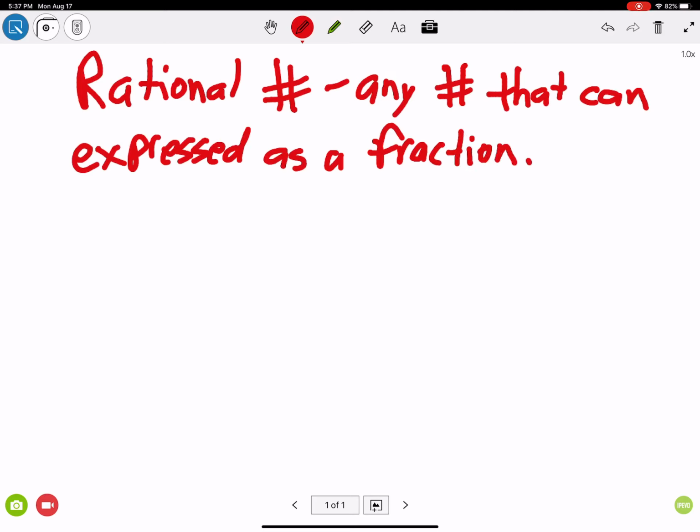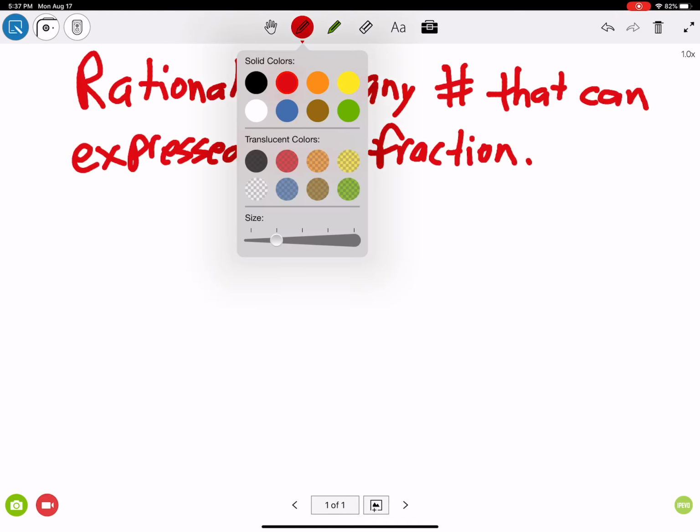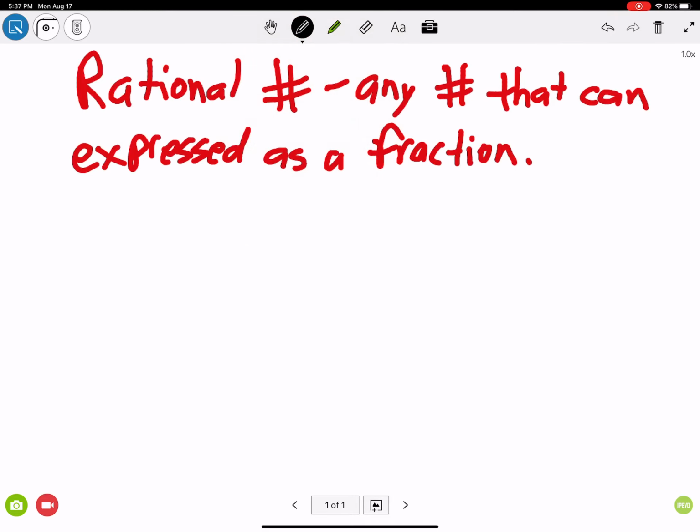Okay? It's any number that can be expressed as a fraction. So, for example, 3 halves. It's a rational number. I can write it as a fraction.